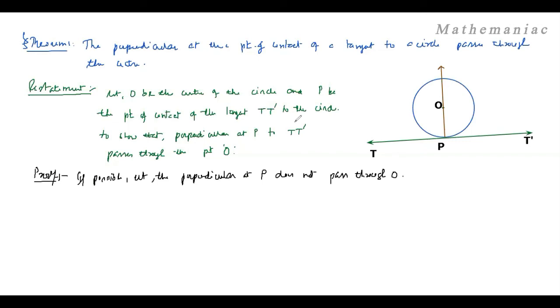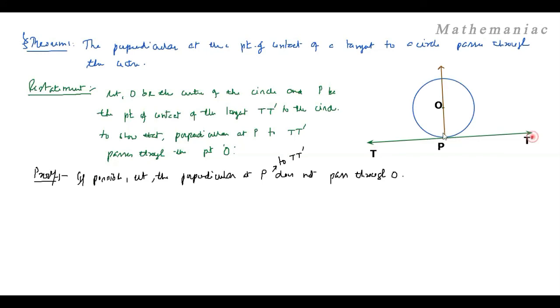So what we did, if it is possible, we have considered that the perpendicular at this P to T T dash doesn't pass through O. Okay. So now you see how we initiate the contradiction. So this is a line and this is a fixed point.